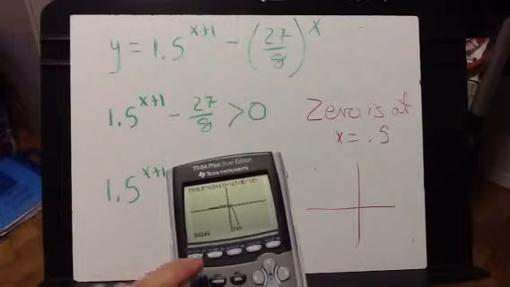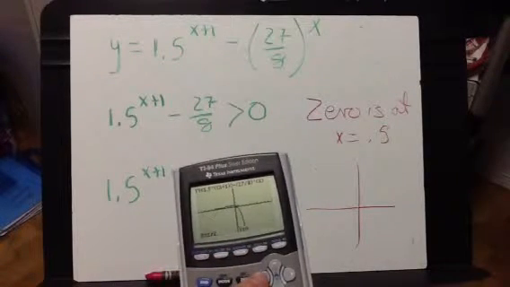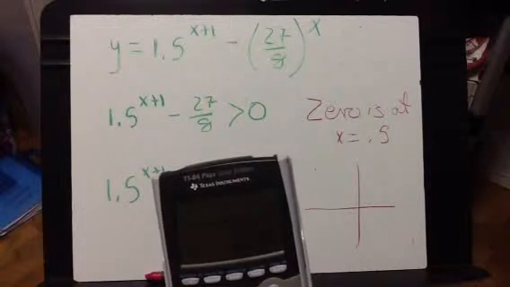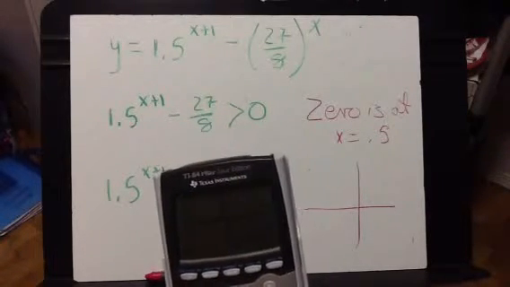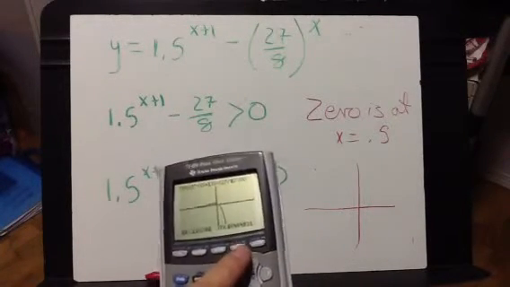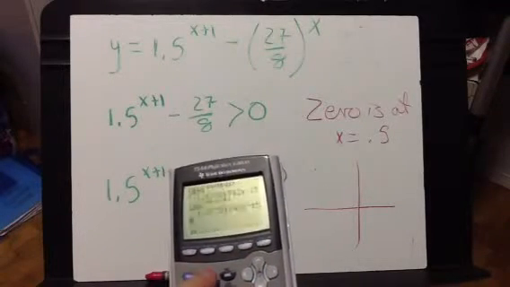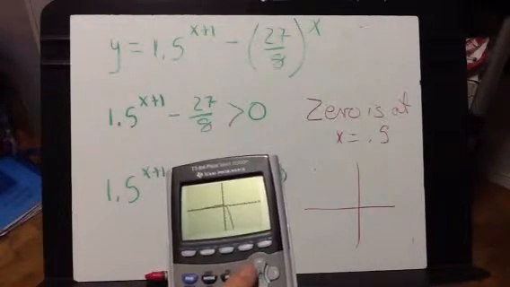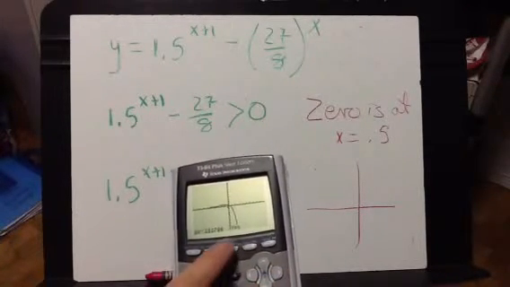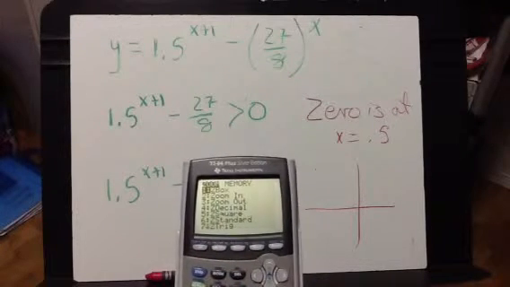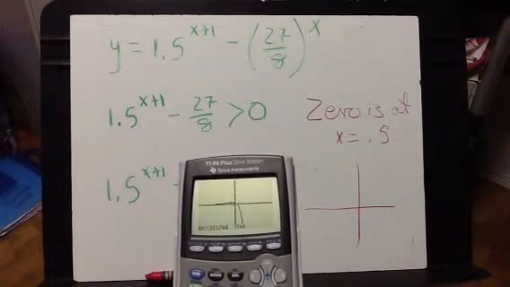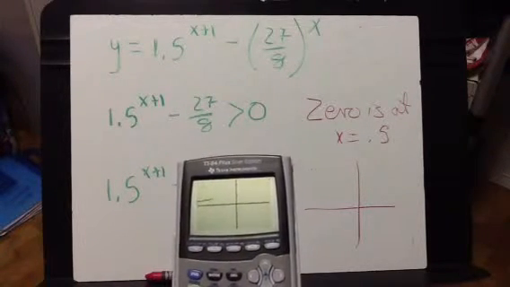I'm going to navigate right on top of the origin, tracing until I'm right about the origin. Then I press zoom, then I choose zoom in. I don't actually zoom in until I press enter. And there's my picture.